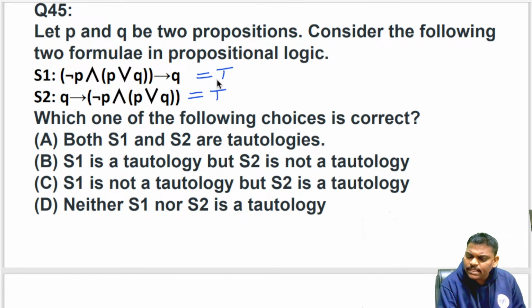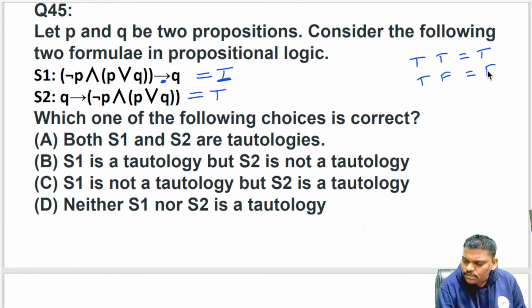If you want to say this is a tautology, it is the implication operator. Look at the implication truth table: true, true, true; true, false, false; false, true, true; false, false, true.